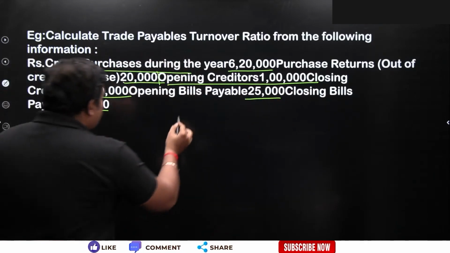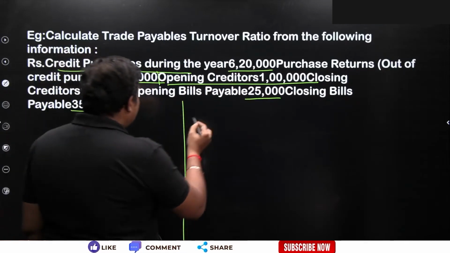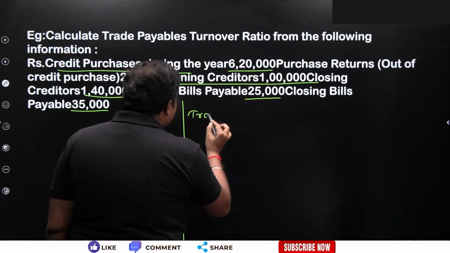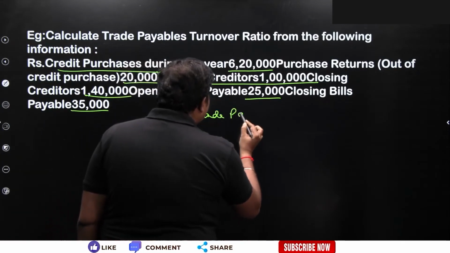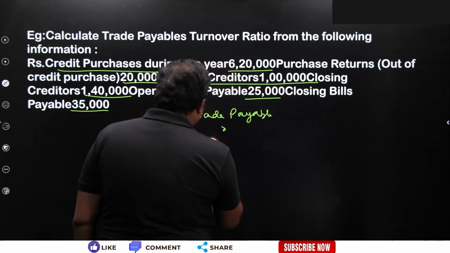Okay, so first of all I'll write the formula and then I can find the values. So what is the formula for the same? Basically here we are calculating the trade payable turnover ratio.